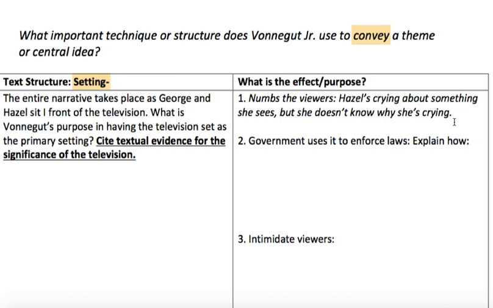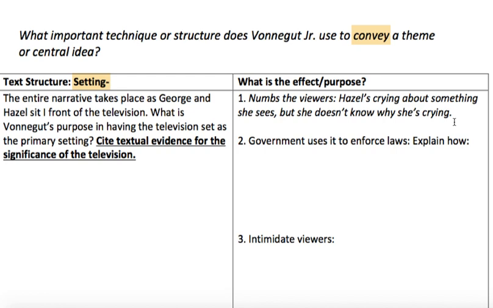Another effect or purpose for having the TV set as the primary setting is to show how government uses it to enforce laws. And here they want you to explain how. How is the TV being used by the government to enforce its laws on its people? Think about what happens in the beginning part of the story when George and Hazel are sitting in front of the TV.